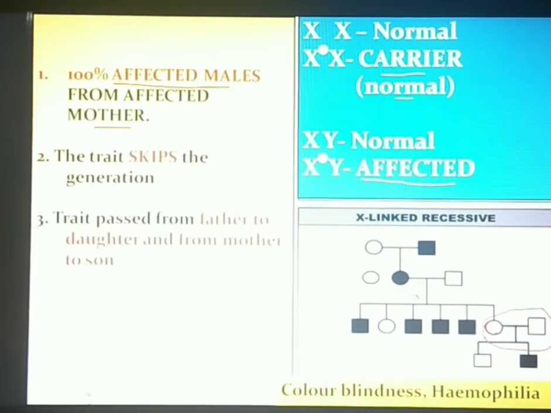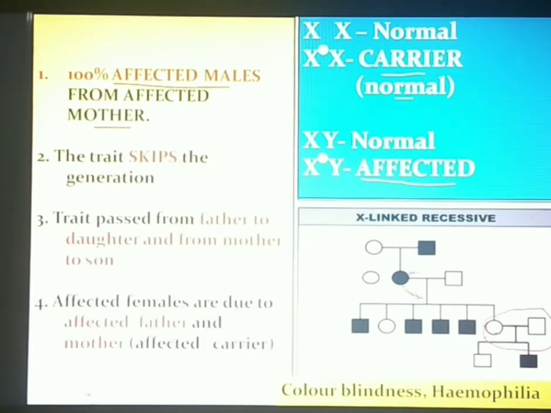Third, the trait is passed from father to daughter and from mother to son. So here we can see from father to daughter and from daughter to son. And the 4th one is that affected females are due to an affected father as well as mother.